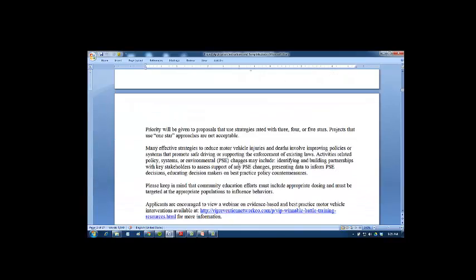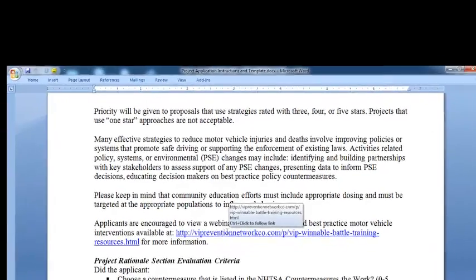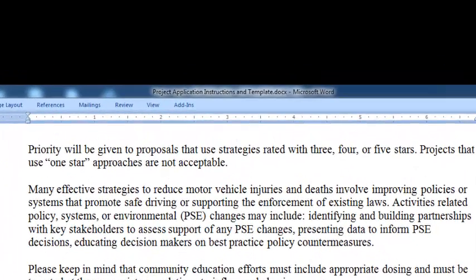I do see a note in here that priority will be given to proposals that use ratings with 3, 4, or 5 stars, and that 1-star approaches aren't really acceptable. I did talk to CDOT, and they said that 1-star approaches for certain things are definitely one of the options, and many grantees have been picking 1-star approaches in the past.